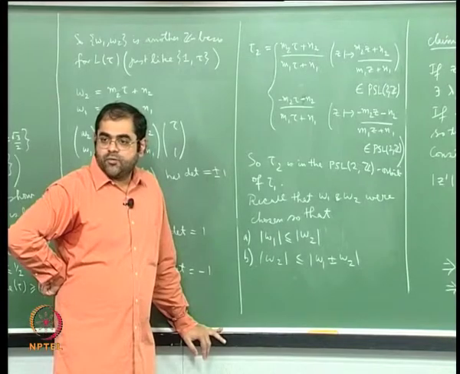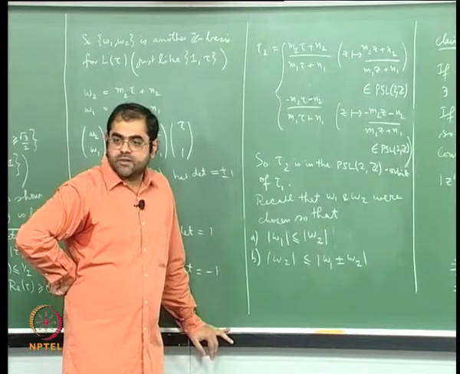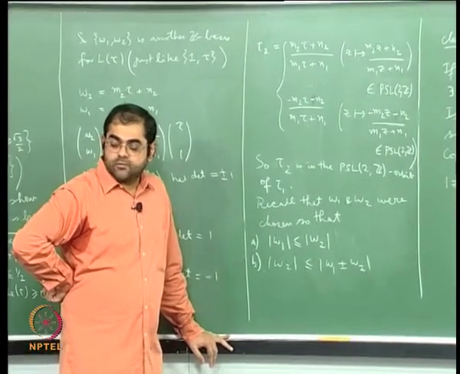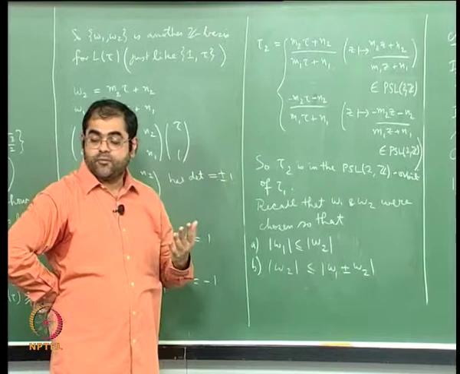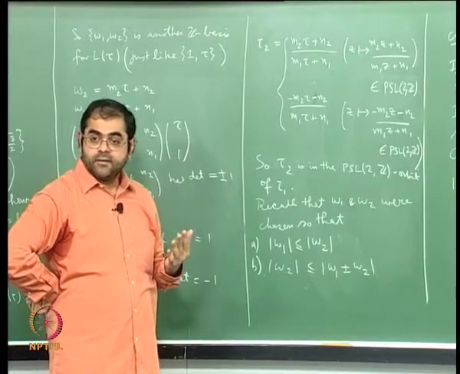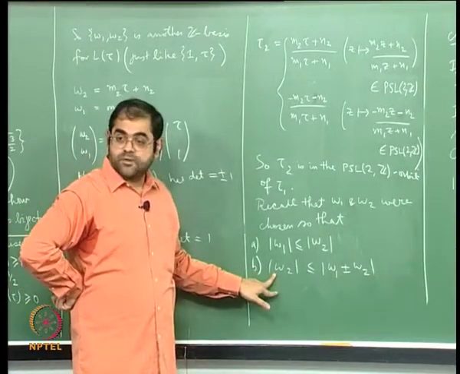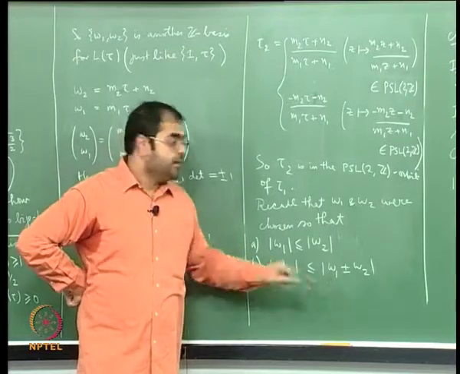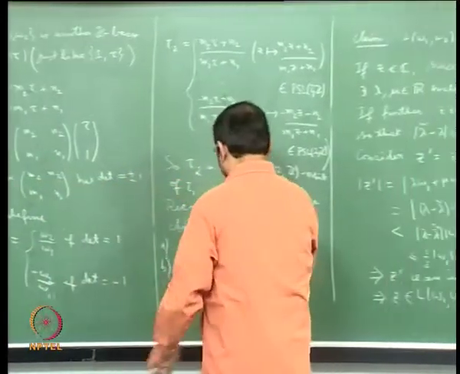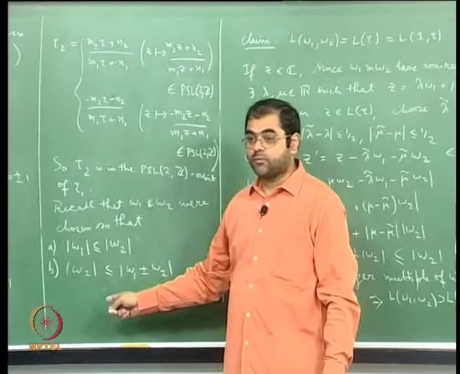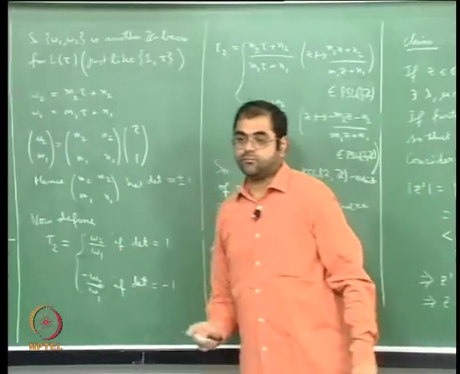Among those members of the lattice L tau which are not real multiples of omega 1, omega 2 is of the smallest modulus, therefore this holds. Okay, now this is in terms of omega 1 and omega 2. Translate everything in terms of tau 2 with this definition.